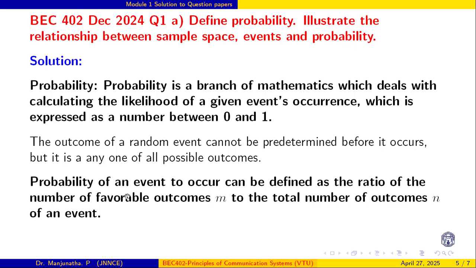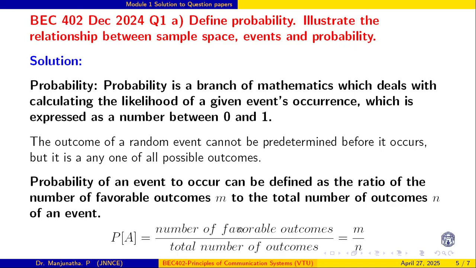And the probability of an event occurring can be defined as, what is the probability, for example, of a head occurring when we throw a single dice? It is defined as the ratio of the number of favorable outcomes m to the total number of outcomes n of an event. That is the ratio m by n.